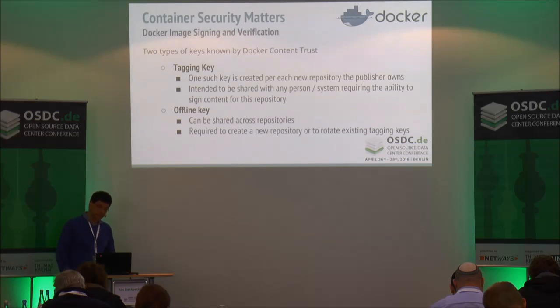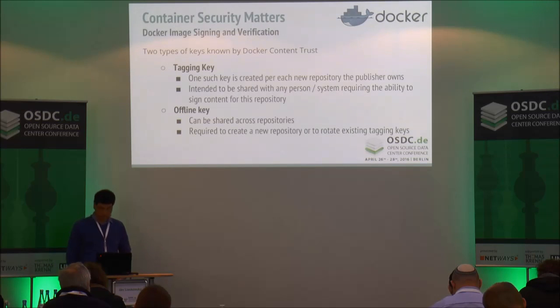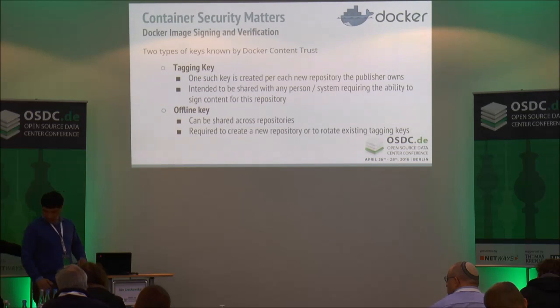The tagging key is basically required when you are creating a new repository, and it's actually intended to be shared with all people who are expected to cooperate with you on the content.